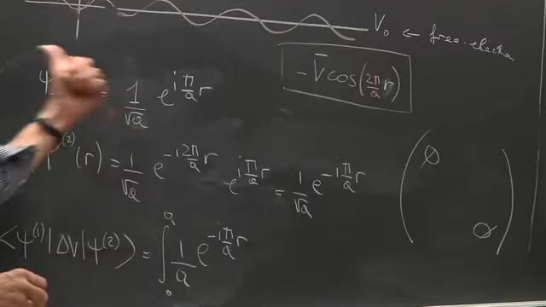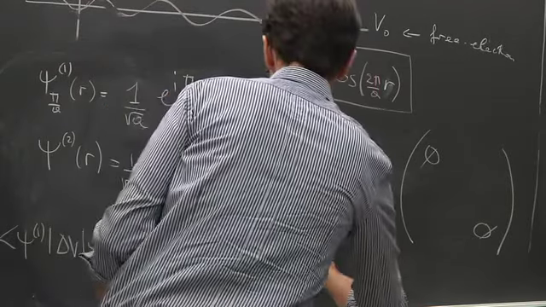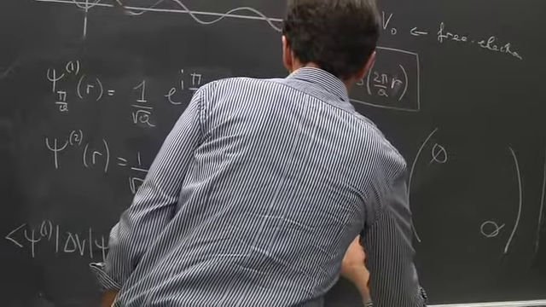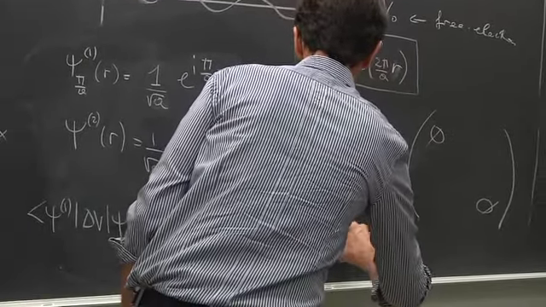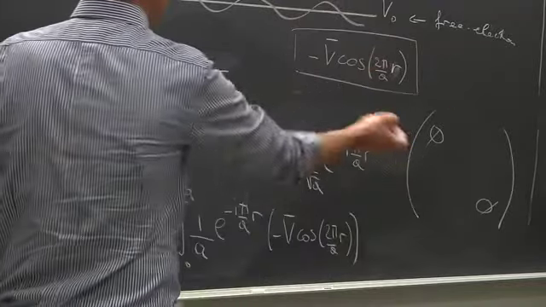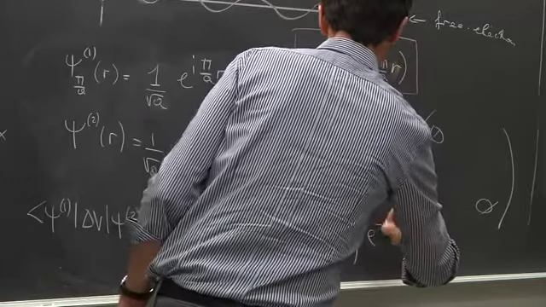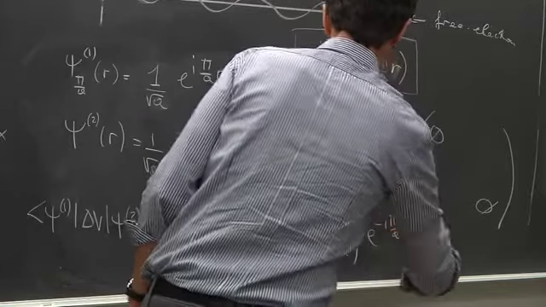This is psi 1 conjugate because it's to the left. Potential, cosine 2 pi over a r, psi 2, e to the minus i pi over a r.